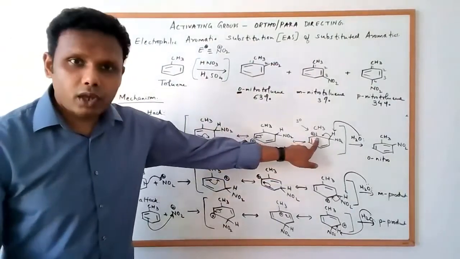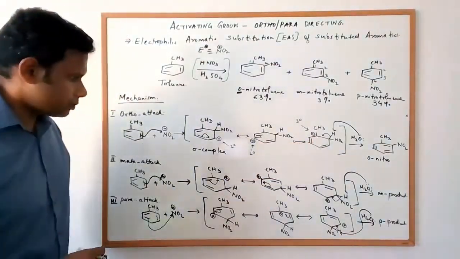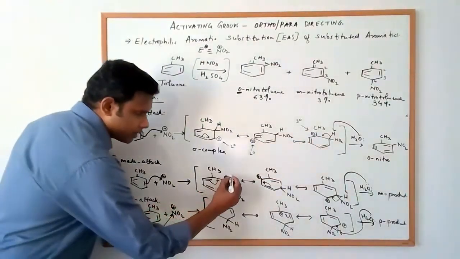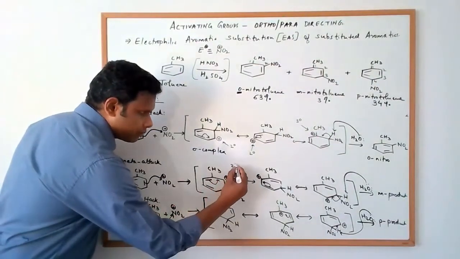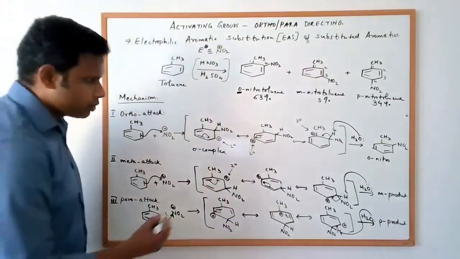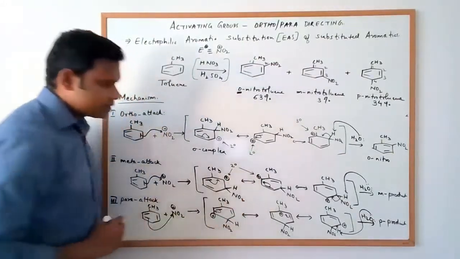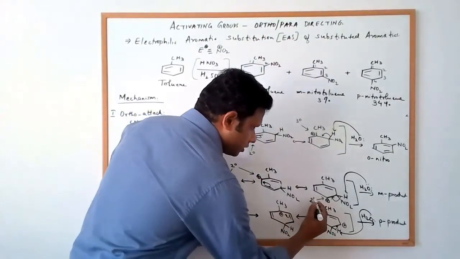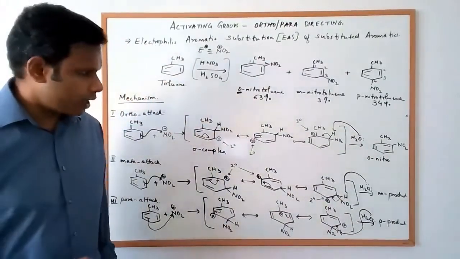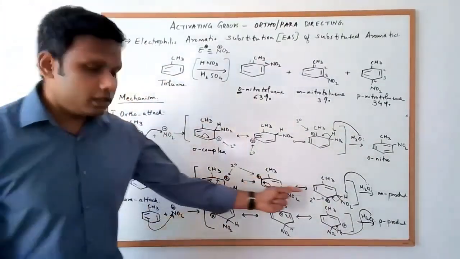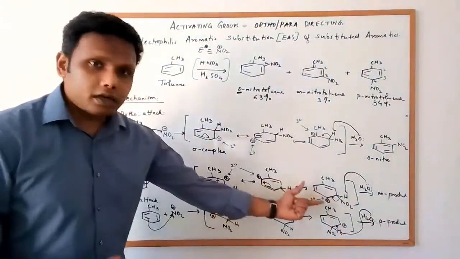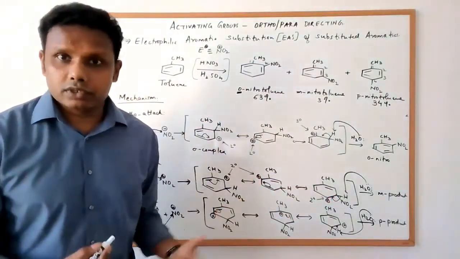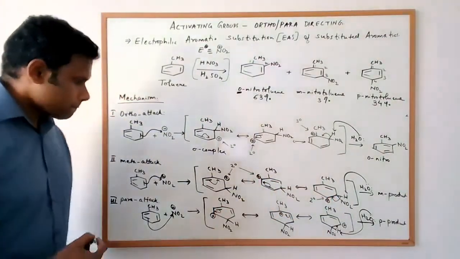So one of the carbocations is tertiary in nature. If we examine the resonance forms for the formation of the meta product, we have a secondary carbocation, another secondary carbocation, and yet another secondary carbocation. So all intermediates here are secondary in nature as far as the carbocation is concerned.